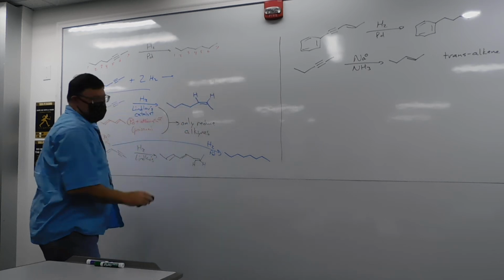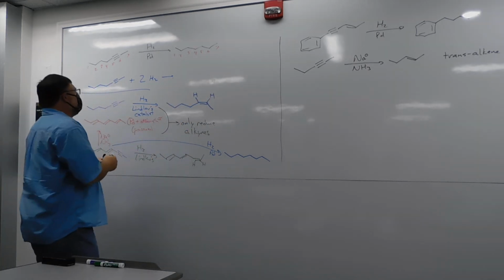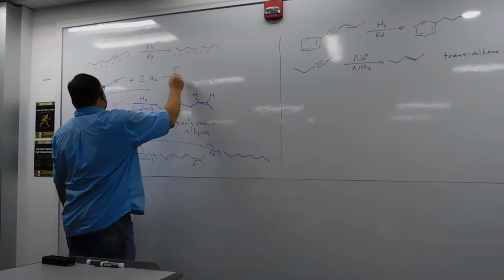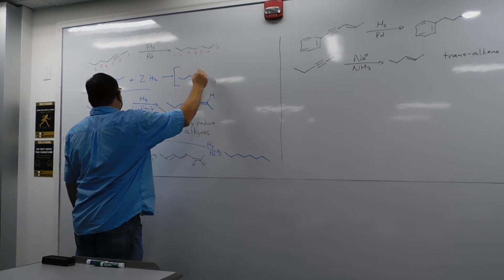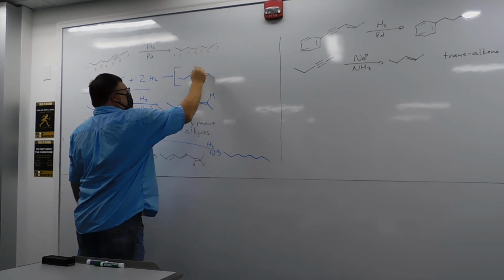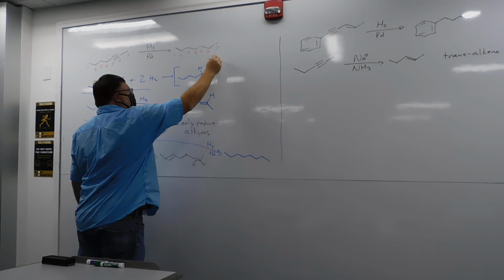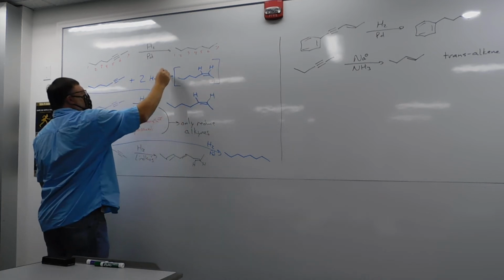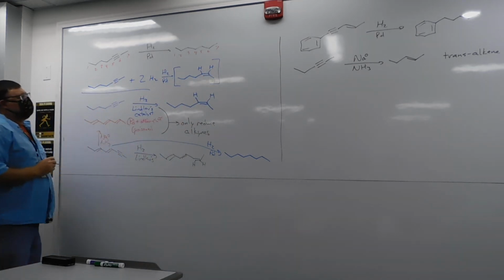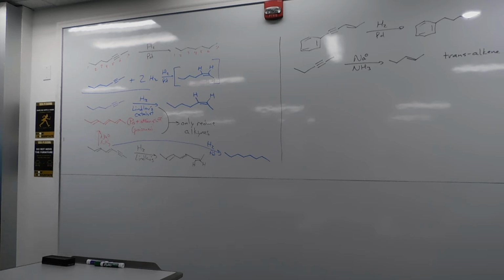It's a very perceptive question. So the first addition of hydrogen does give us, all right, so this is H2 and palladium, right? You get the cis alkene. So 2 H's add in a concerted fashion. Syn. You get the alkene.